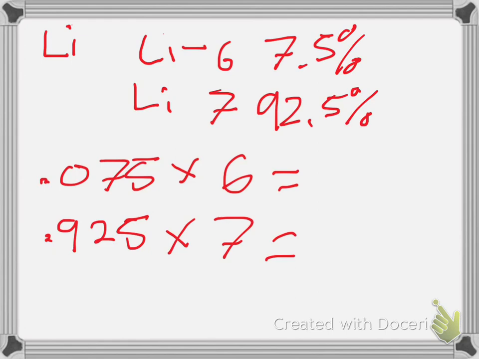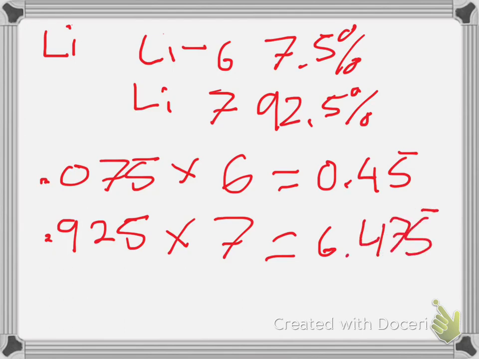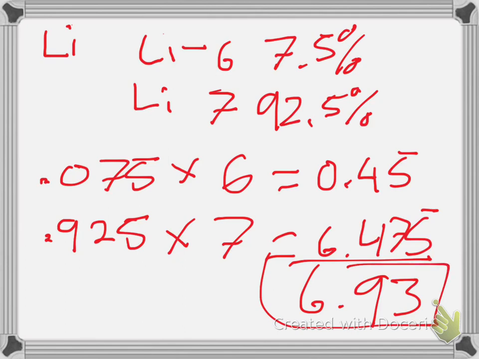When we do that calculation, what we wind up with is 0.45 for lithium-6 and 6.475. And when we add those up, we get our average atomic mass of 6.93. So this is the average atomic mass of lithium. Notice how it skews towards 7, because 7 is the more abundant isotope. Okay?